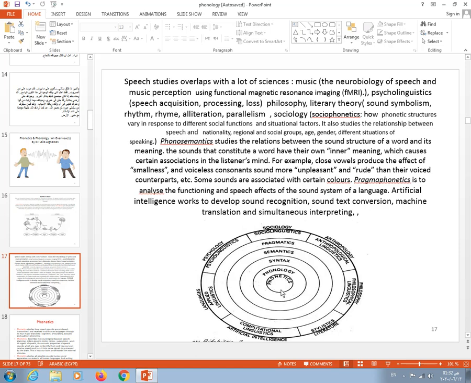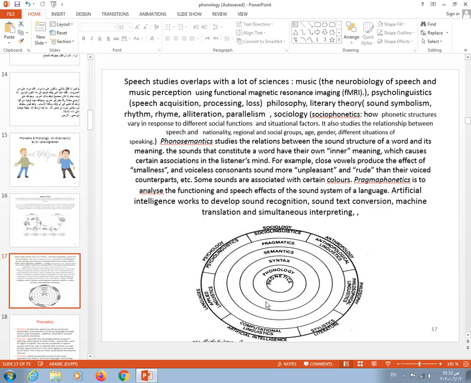Actually phonetics and phonology have worked a great deal in order to help the field of applied linguistics, basically language teaching, and especially foreign language teaching, which is a big industry, which includes lots of sciences such as lexicology, semantics, syntax, and other related sciences.